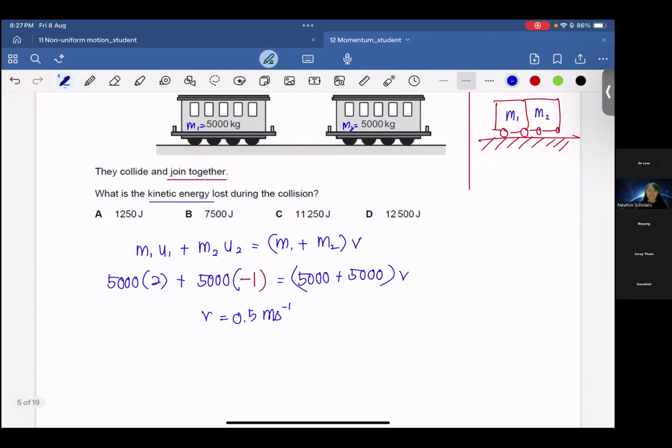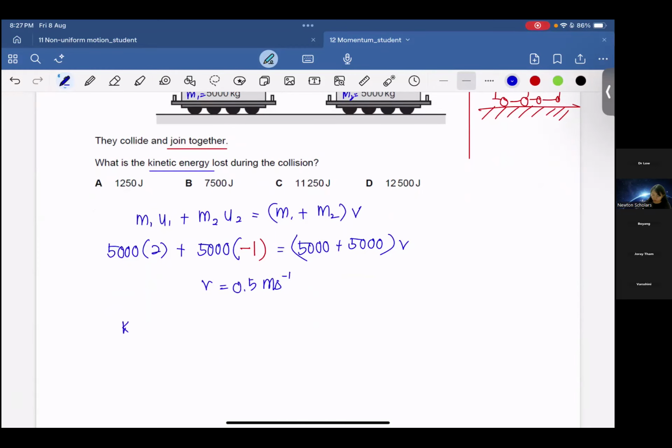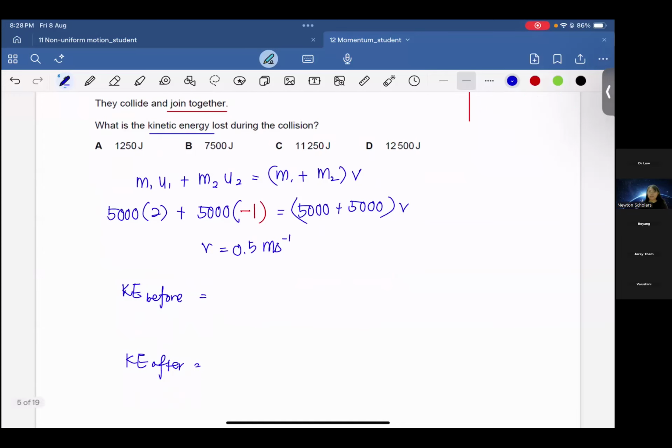Okay, what is the kinetic energy loss? Boys and girls, calculate the kinetic energy before and the kinetic energy after, finding out how much is lost.